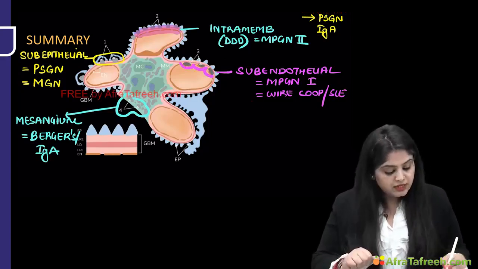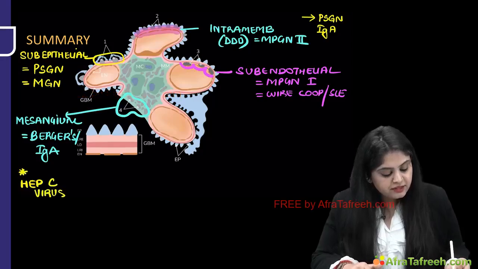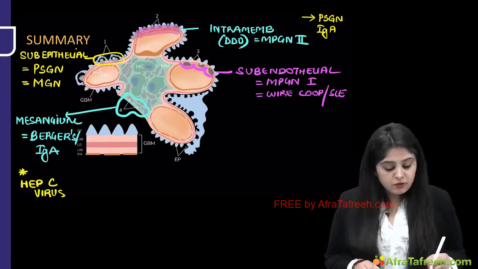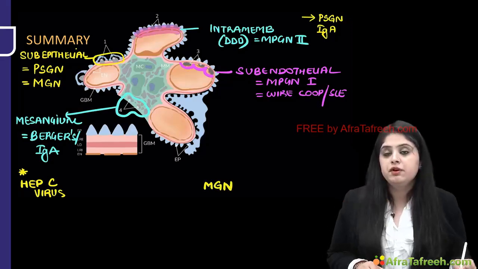There is one more summary that I want to tell you, which a lot of students ask me, regarding hepatitis C virus. They ask what is the most common thing that hepatitis C virus causes? Because I gave you hepatitis C in the causes of membranous glomerulonephropathy.